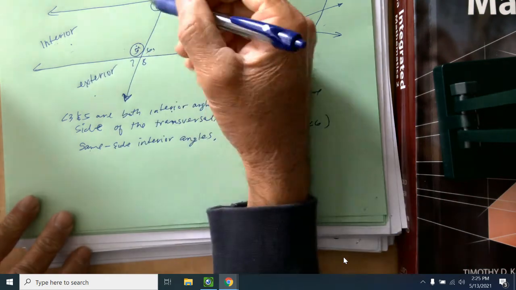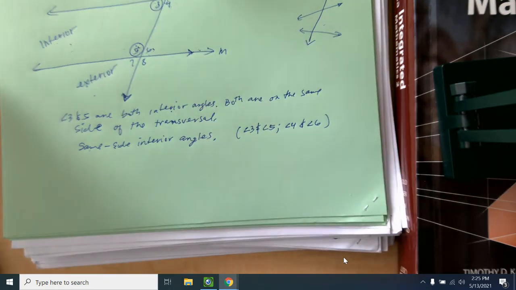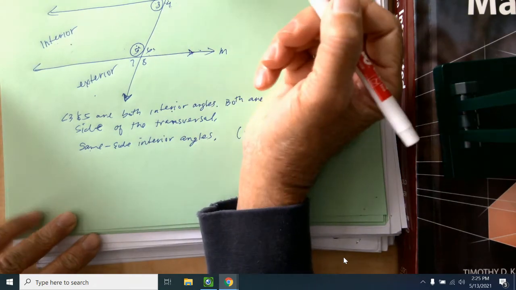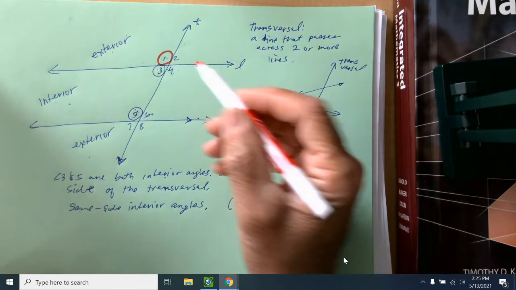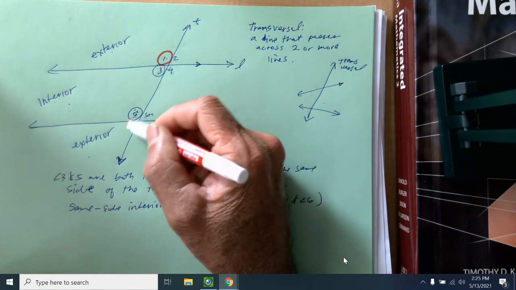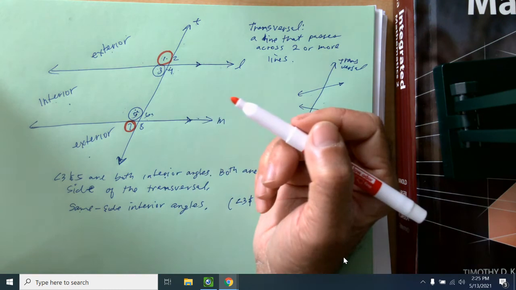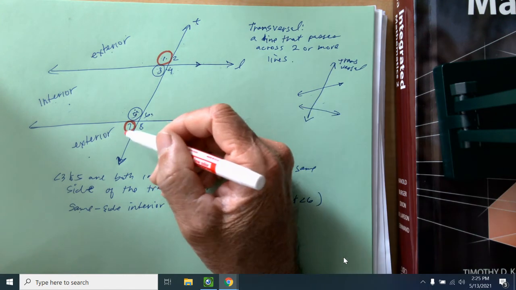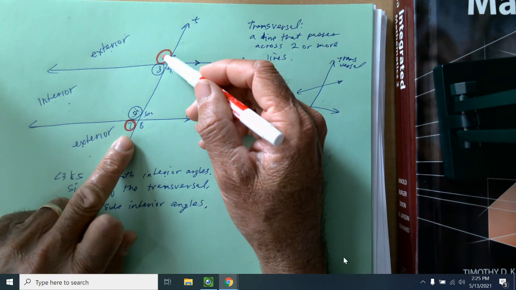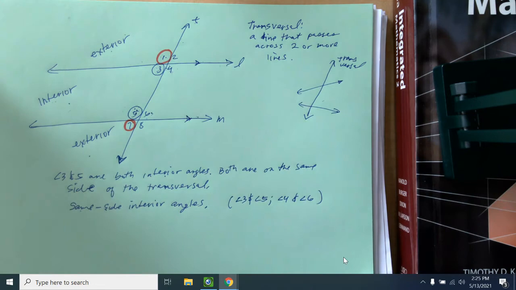Now, if we move just one out, okay, now if we look at angle 1, it is no longer an interior angle. It's an exterior angle. We go down 1, we have 7, which is an exterior angle also. Now notice angle 1 and angle 7, they're both on the same side of the transversal.